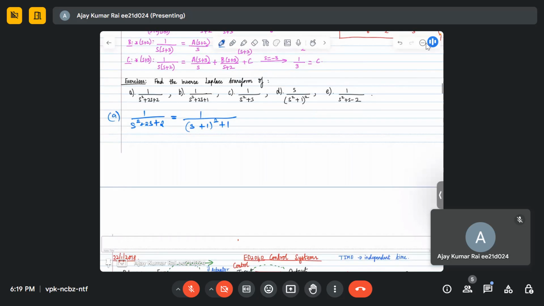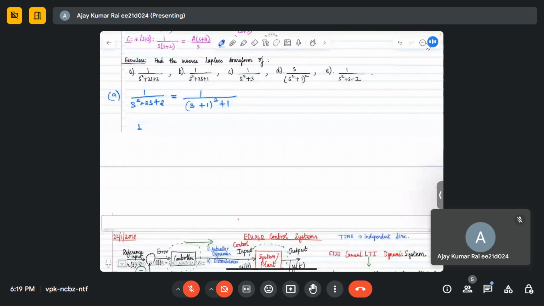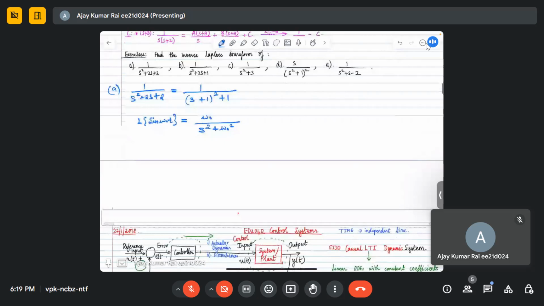So you know the Laplace transform of sine omega naught t is omega naught by s square plus omega naught square, right? So if we consider omega naught equal to 1, then that is 1 by s square plus 1.